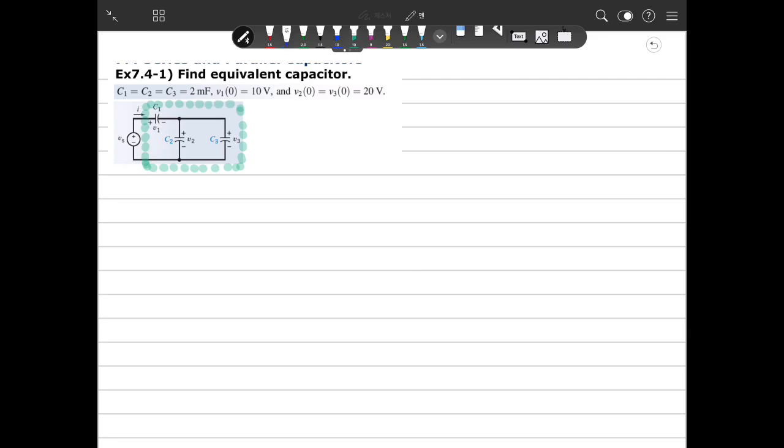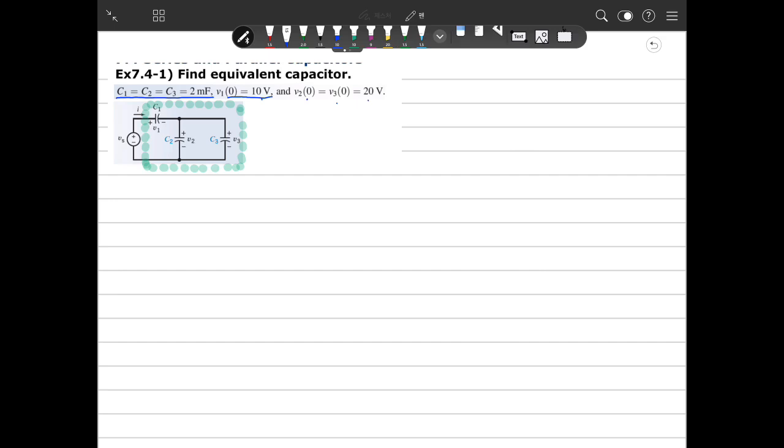The condition is that all capacitances are 2 millifarad, the initial voltage V1 is 10 volt, and this one is 20 volt. Actually, the voltages are not important from this viewpoint, because we only need to know about the capacitance.